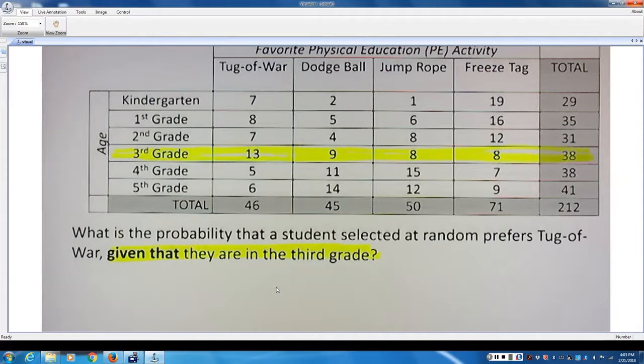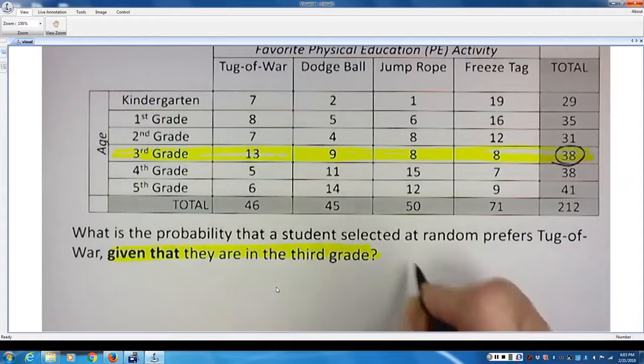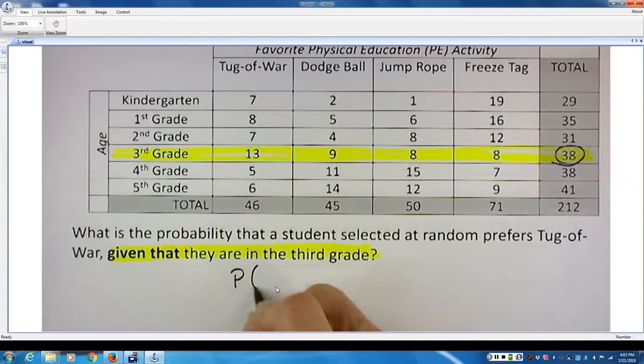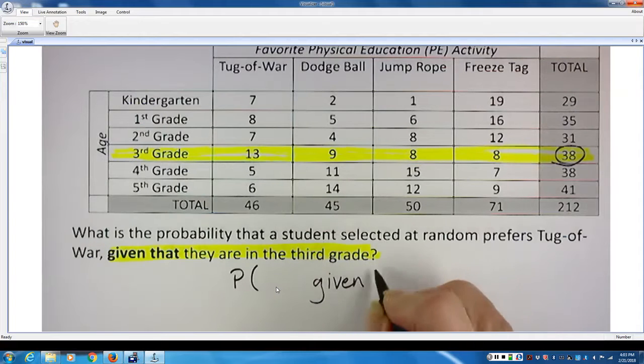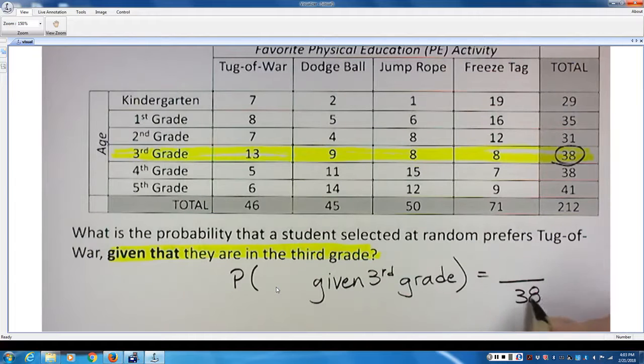I really don't care anything about the 1st graders. I don't care anything about the 5th graders at this point. I'm only looking at 3rd graders. And there are a total of 38 3rd graders. That means the denominator of my probability is going to be 38.